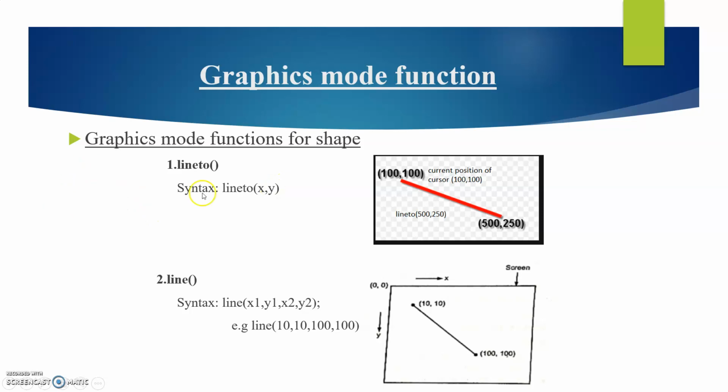Syntax is given: lineto(x coordinate, y coordinate). In the diagram, you can see the current position of the cursor is 100, 100, and by using the lineto function, lineto(500, 250), the line will be drawn from this current position of the cursor to the point 500, 250.